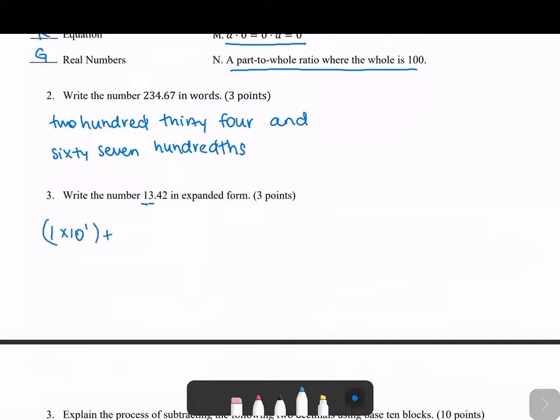The 3 is in the ones place, so that's 3 times 10 to the 0, because we know that 10 to the 0 is 1. The 4 is in the tenths place, and so remember, we just keep subtracting, right? We have this pattern where we subtract, it's 10 to the first, to the 0, to the negative 1. And then this 2 is in the hundredths, which is 10 to the negative 2. So this is how you write it in expanded form. It's just with powers of 10.